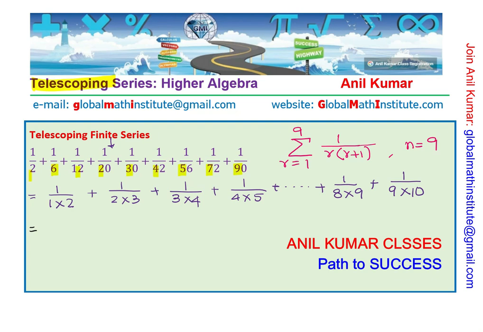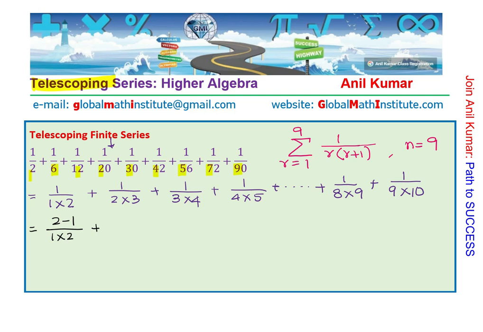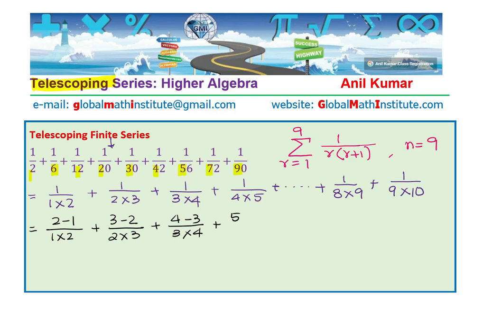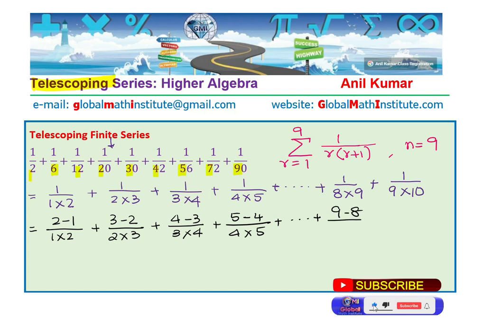So I could write this 1 as 2 minus 1, and then we have 1 times 2 in the denominator. The second term, 1, I could write as 3 minus 2, and we have 2 times 3 here. Similarly, every 1 we could write as a difference of consecutive terms. That is the strategy which we have to apply to solve such questions. Easy.